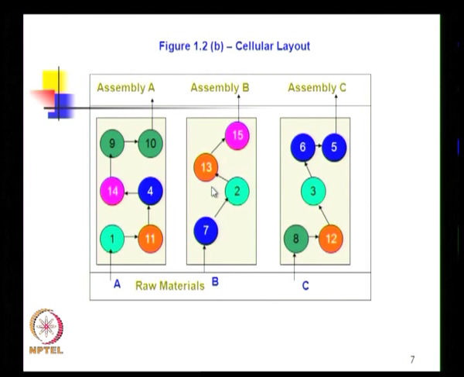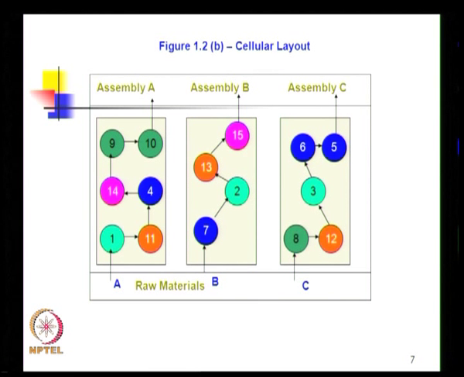Now, because of increase in volume, the requirement of time on machine 11 is higher, and machine 11 does not have the capacity to meet it. Now, there is some spare capacity available in machine number 13, which belongs to cell number 2. Can we send some of these parts to cell number 2 only for one operation and bring it back, because capacity is available in cell number 2?